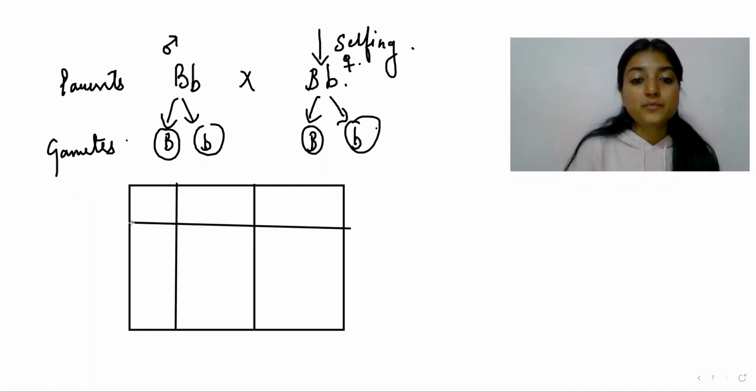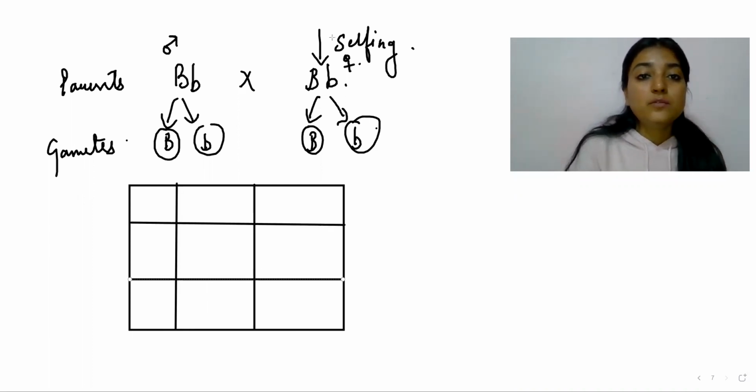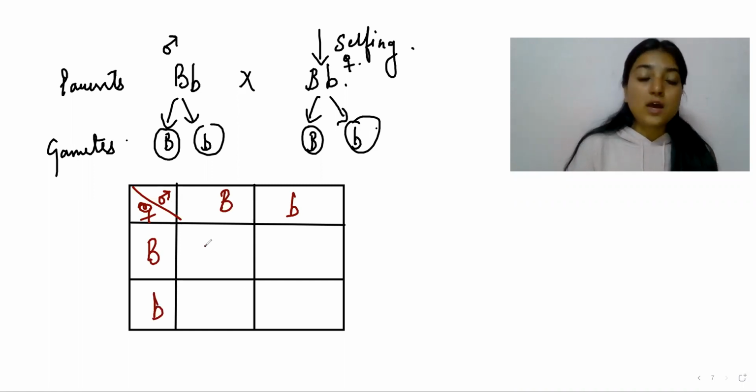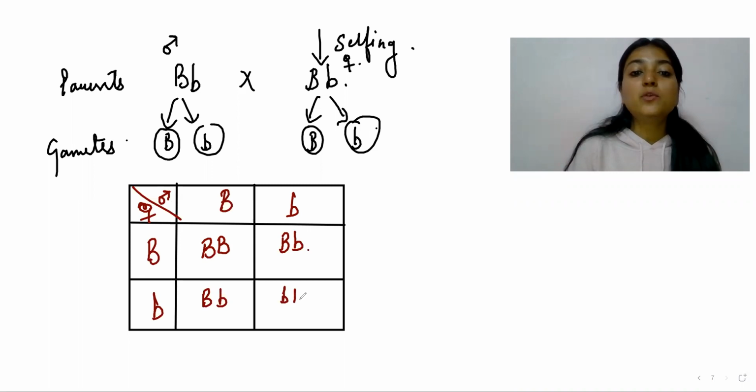Okay. Now we just have to write a male and a female. Now capital B, small b, capital B, small b. Fine. Now the offspring will be capital B, capital B, capital B, small b, capital B, small b, and small b, small b.